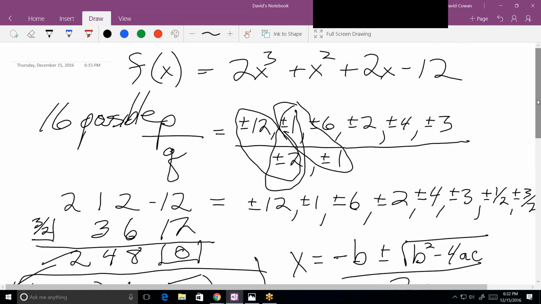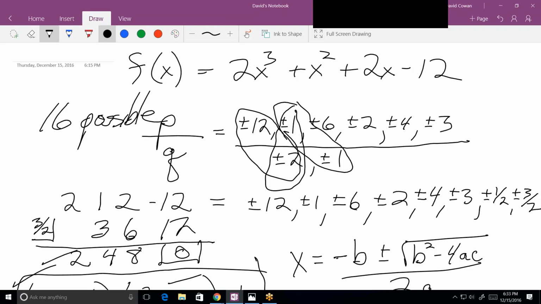Now, there is one other type of cubic that does not involve having to do this, and that's if you can group it. But that's pretty rare. Very, very few cubics are going to allow you to group them.